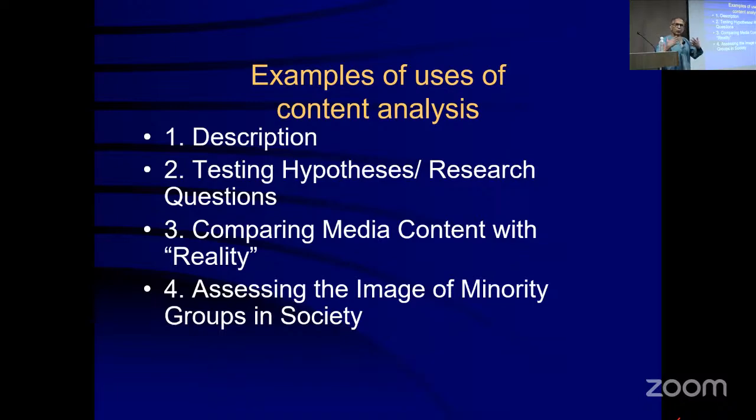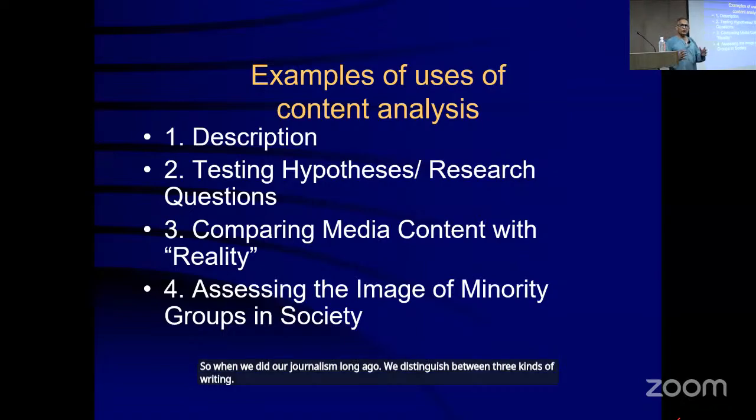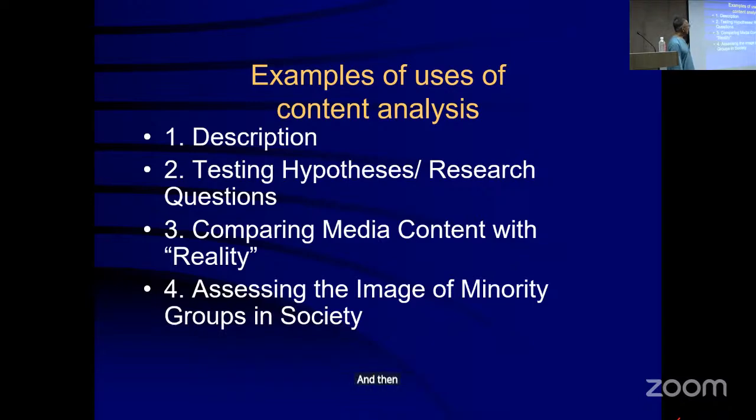So when we did our journalism long ago, we distinguished between three kinds of writing a journalist would do. One is reporting. You will just report what you observed and nothing more. And then there was inference.